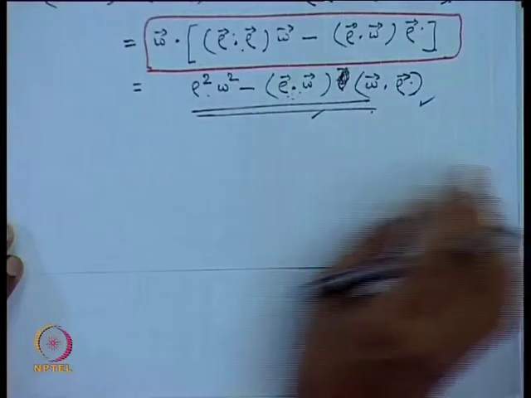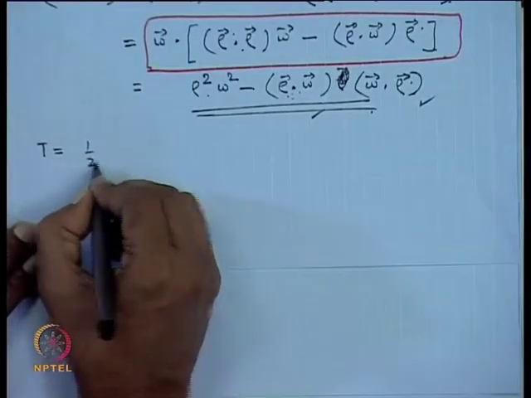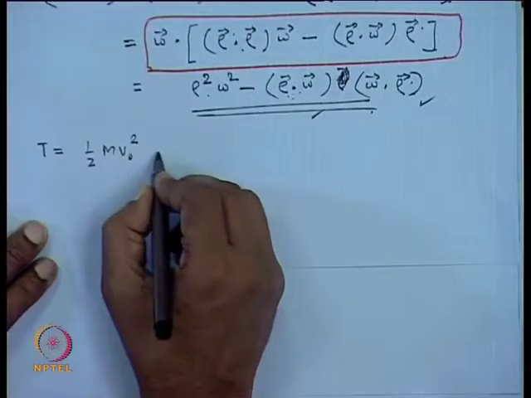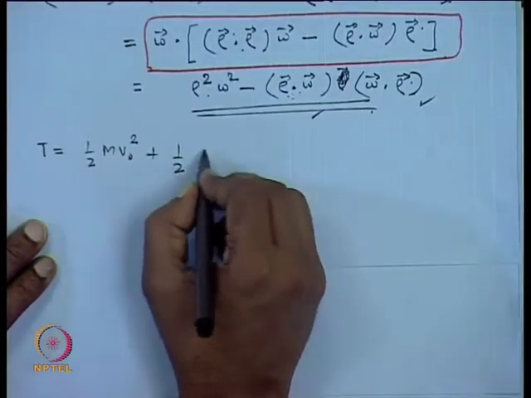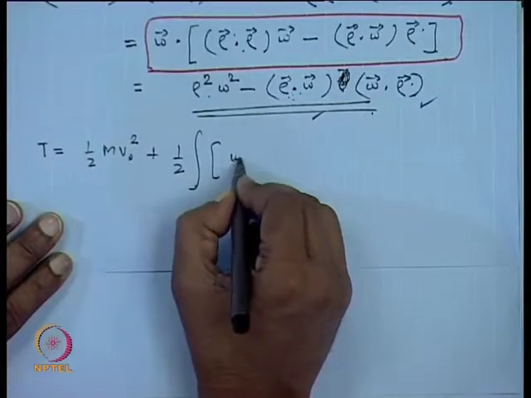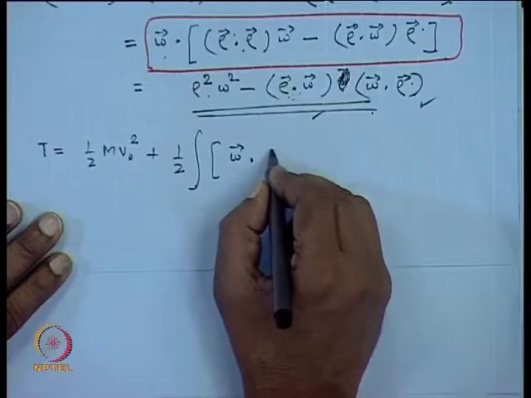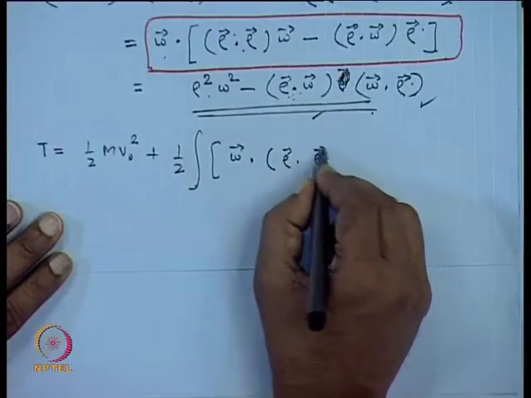Now, the kinetic energy finally we can write as 1/2 m v0 square plus 1/2, inside the integration sign we have omega dot, we can choose from here, times rho dot rho.